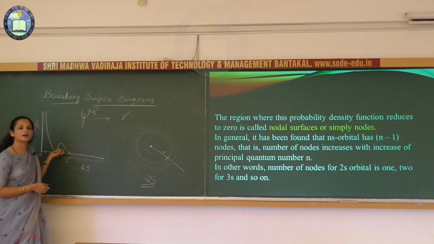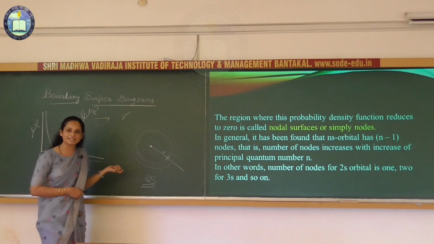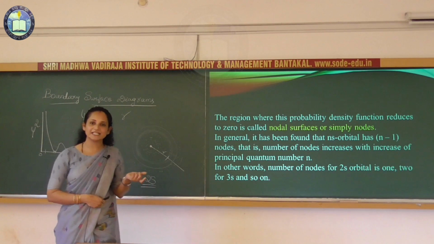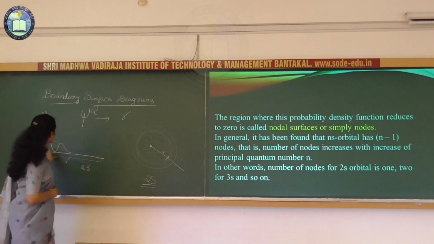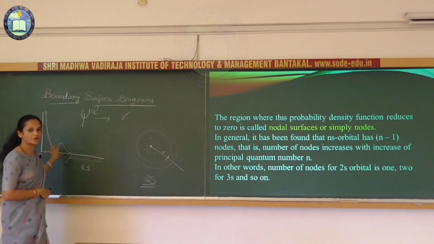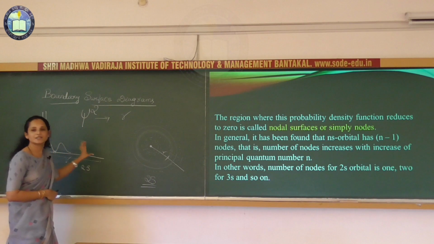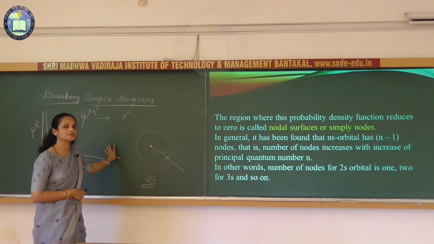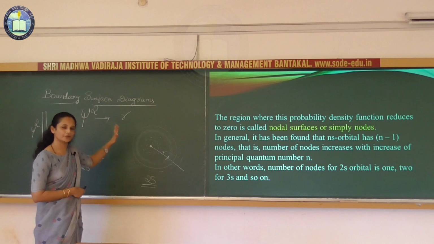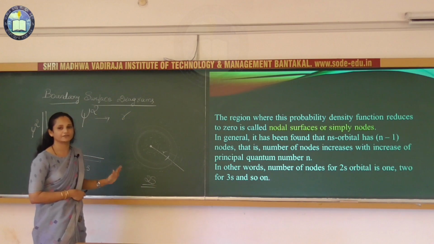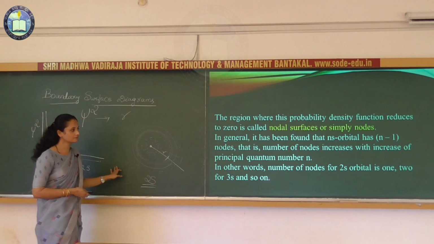So nodes or nodal surfaces are the regions where the probability density becomes equal to 0. Such regions where probability density is 0 ಕಾಣುವುದಿಲ್ಲ 1s orbital ಅಲ್ಲಿ. 1s orbital ಅಲ್ಲಿ ಇಲ್ಲ. 2s, 3s, 4s higher orbitals ಅಲ್ಲಿ nodal surface ಅನ್ನು ನಮಗೆ ಕಾಣಲಿಕ್ಕೆ ಸಿಗ್ತವೆ.